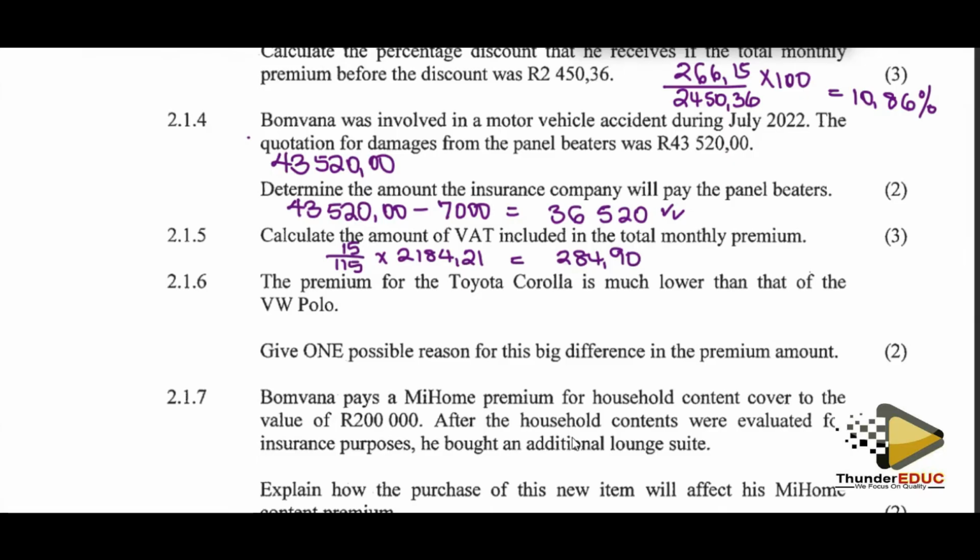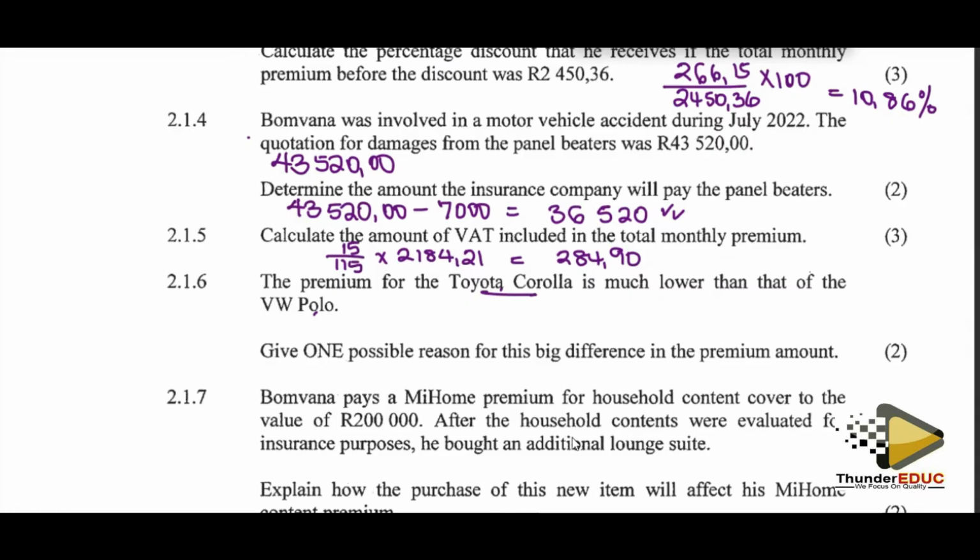All right. The premium for the Toyota is much lower than that of a VW Polo. Give one possible reason. Premiums change according to, number one, the Toyota might be an older version than the VW Polo. VW Polos might be at a higher risk of being stolen than the Toyota Corolla.